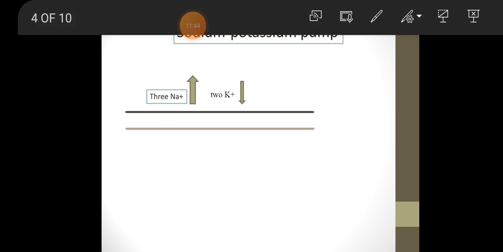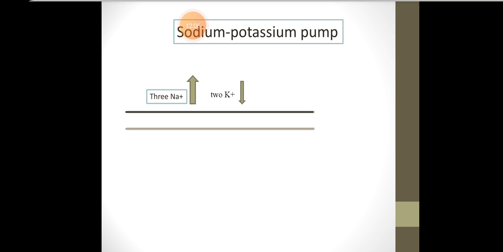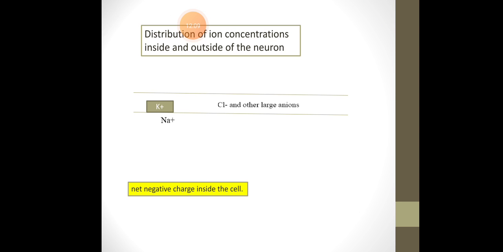The sodium potassium pump, that's what we are going to discuss now. This pump helps to maintain the sodium and potassium gradient across the membrane by transporting 3 sodium out of the cell for every 2 potassium that are transported in.